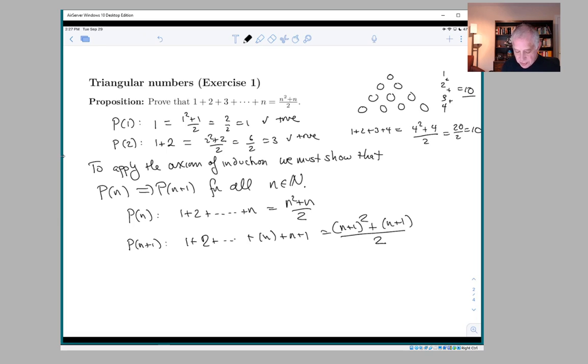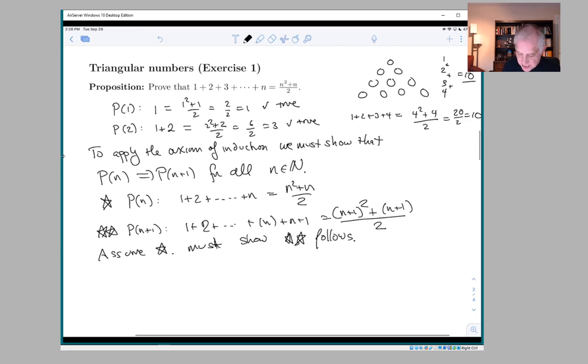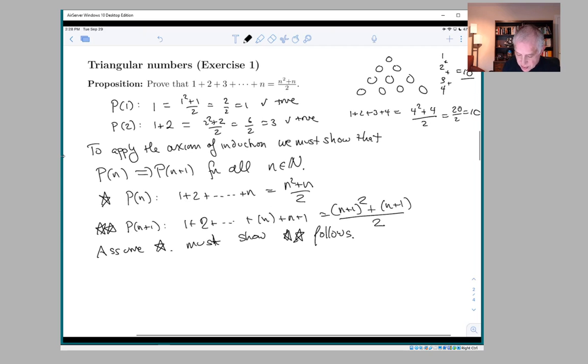So we have to assume star, P of n, and must show star, P of n plus 1 follows. And this is a little bit of algebra. Namely, we write 1 plus 2 plus ... plus n equals n squared plus n over 2.